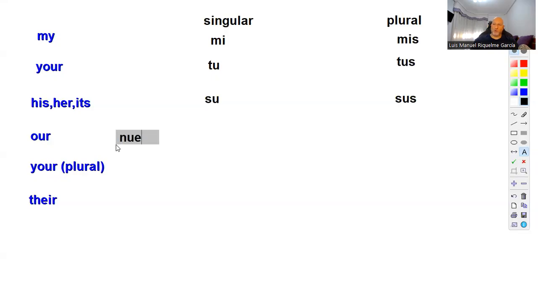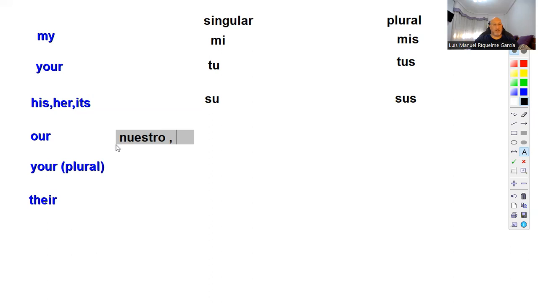So we would use nuestro for a masculine word. For example, if you and your wife have a car, something masculine, and you want to say our car, you would say nuestro coche.